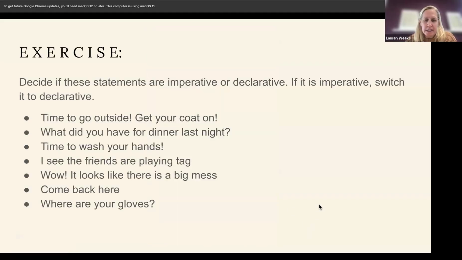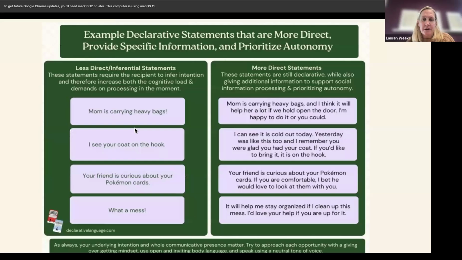So that's one example of thinking about declarative language and helping kids understand what you're expecting of them, but like she said, not creating that complete demand avoidance. There are lots of great slides in here that think about what is a declarative statement versus an imperative statement and how to switch an imperative statement into a declarative statement.